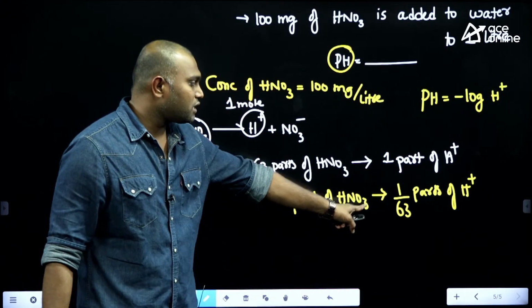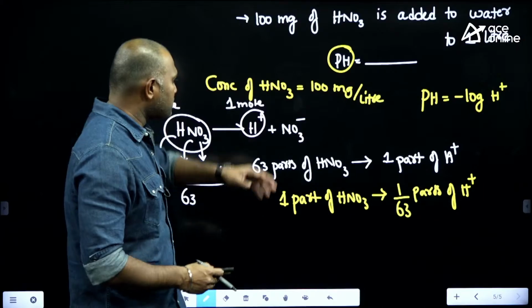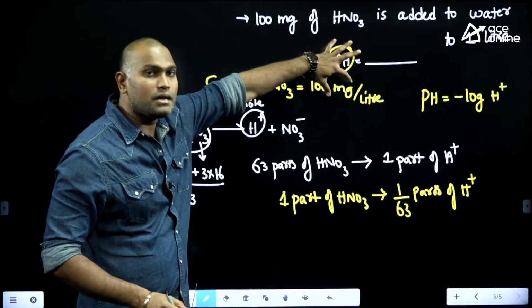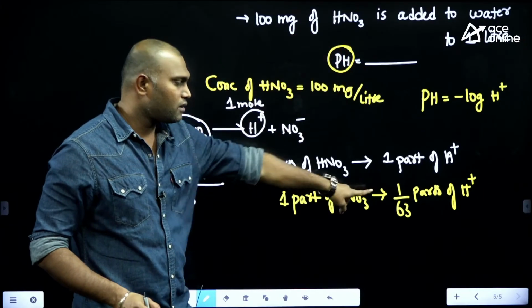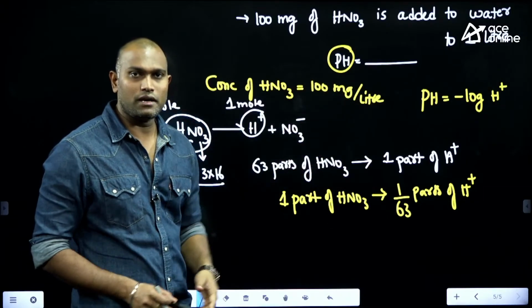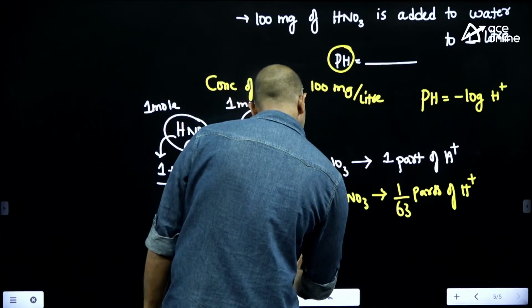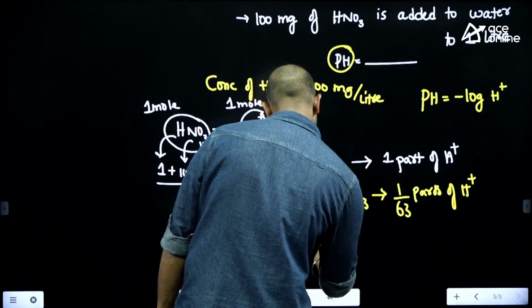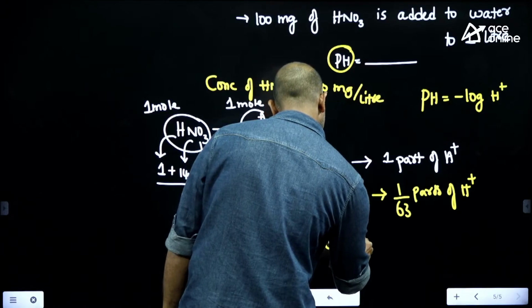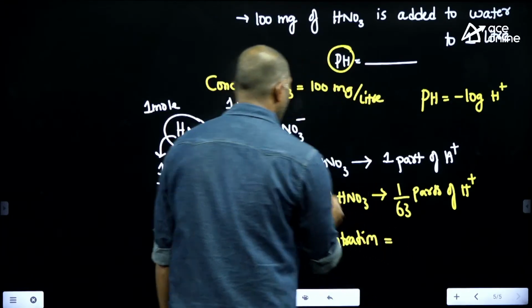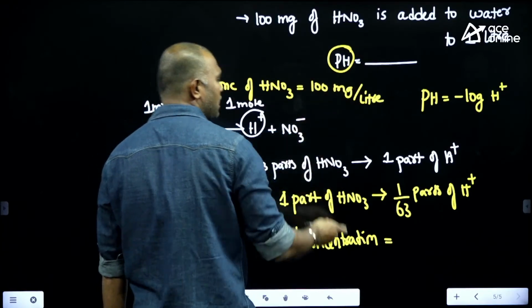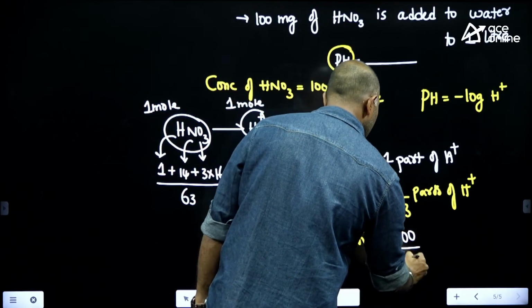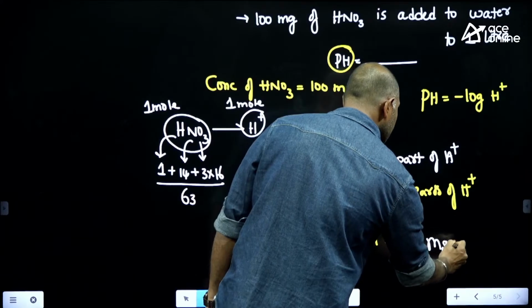But what is the concentration of HNO3? 100 mg per liter. So what is the H plus ion concentration? 1 part gives 1 by 63, so 100 parts gives 100 by 63. This is mg per liter.